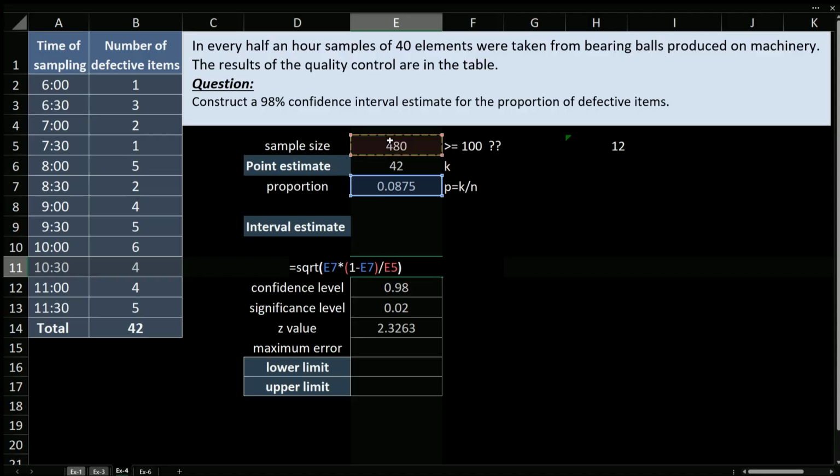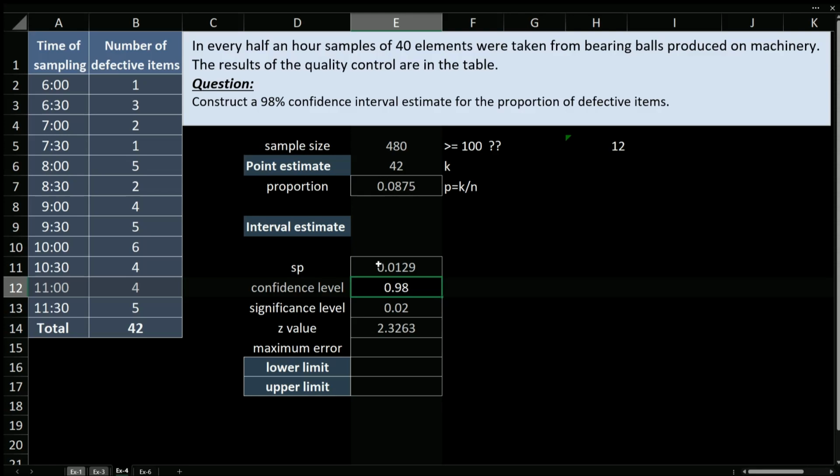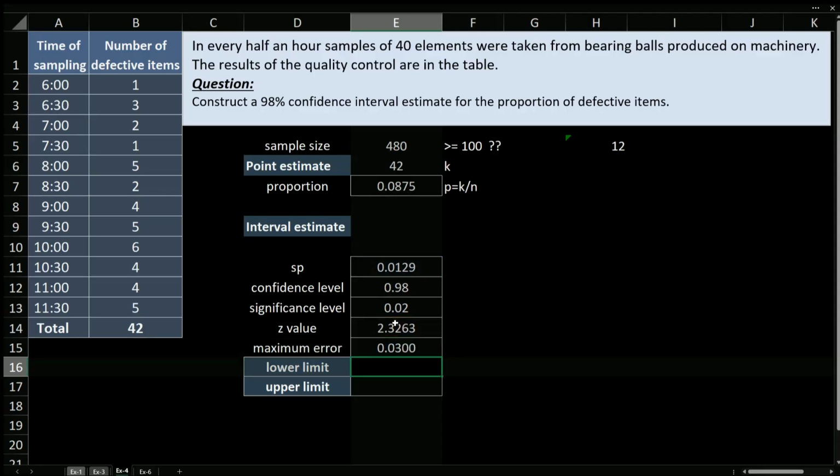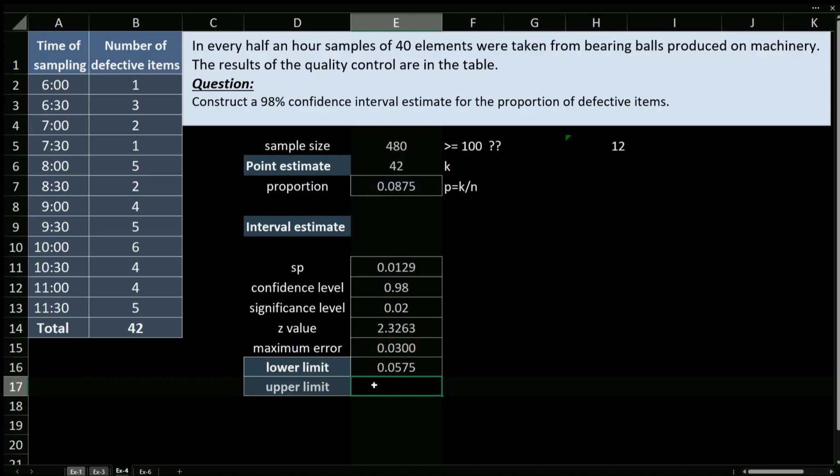So this is the standard error. Now I need to multiply by z-value to get the maximum error. So maximum error is the standard error multiplied by z-value. And finally, lower limit and upper limit, point estimate minus maximum error, and point estimate plus maximum error.